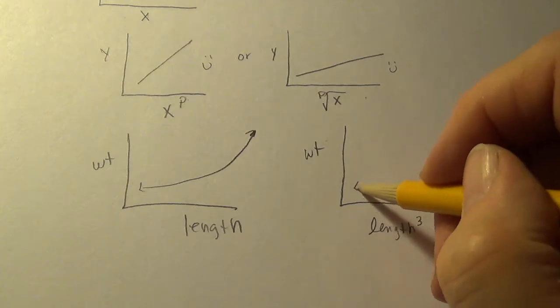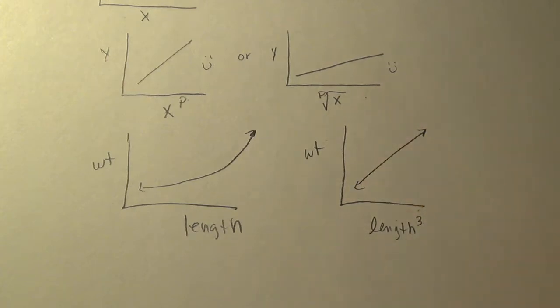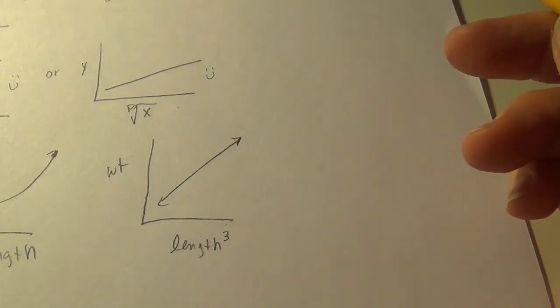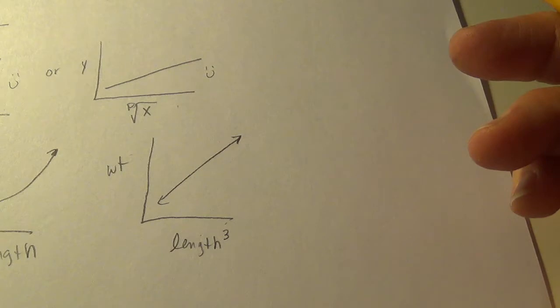So it's a little bit of trial and error to see what works. Sure enough, it turned out straight. And in fact, if you turn over to the next page, there is that flappy Minitab that I gave you yesterday. And from that, you can see where it has length cubed and weight.